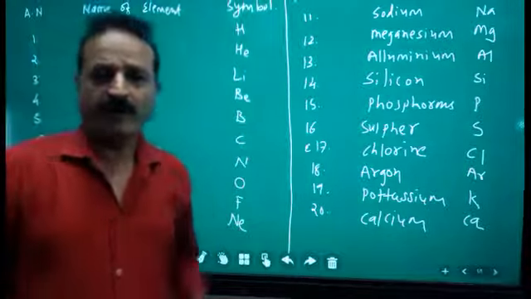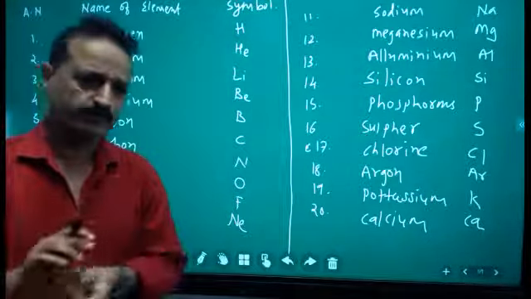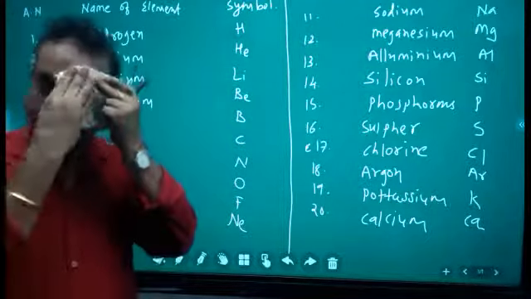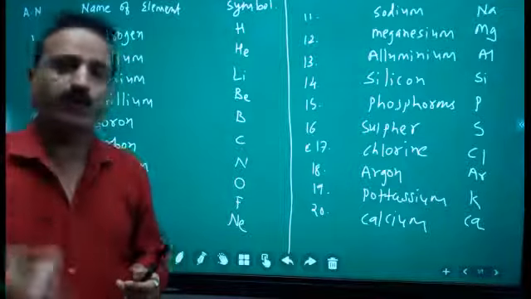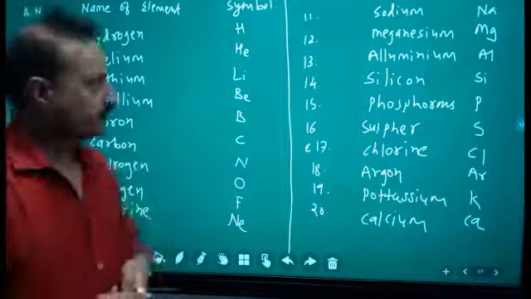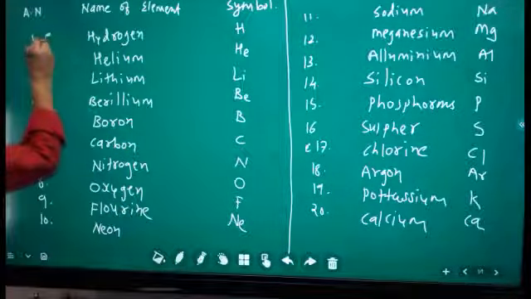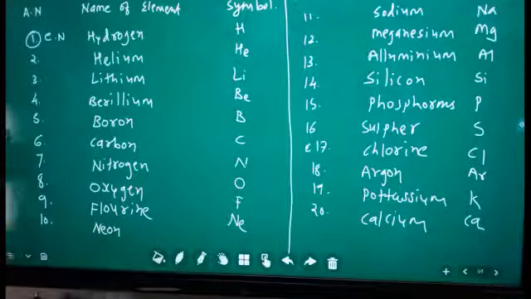So the first 20 elements and their symbols are very important, and all these elements contain a number of electrons and protons according to their atomic number. Suppose atomic number 1, the number of electrons and protons is also 1. So hydrogen has how many electrons? 1 electron.